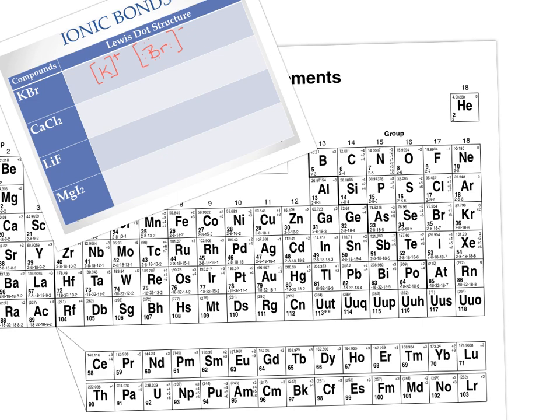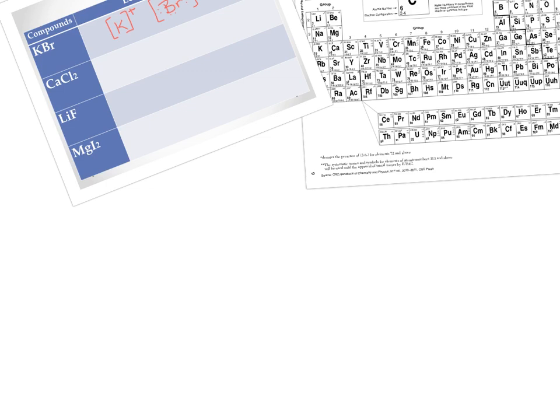So we know that's a metal and a nonmetal, so it's going to form an ionic bond. So let's write this out. So calcium has 2, okay? So we're going to put 1, 2, and 2 over there. And then chlorine has 7. So we're going to put 1, 2, 3, 4, 5, 6, 7.